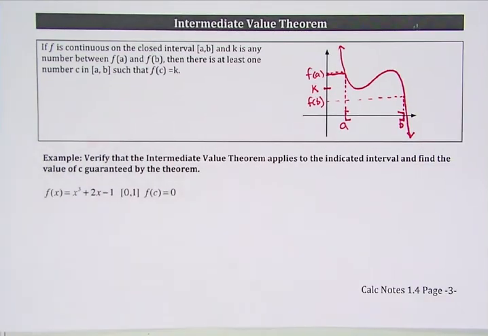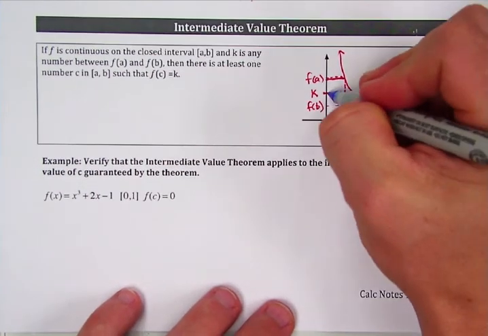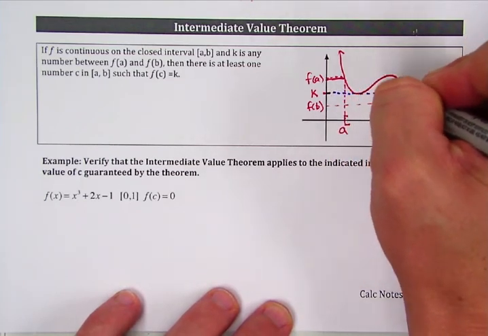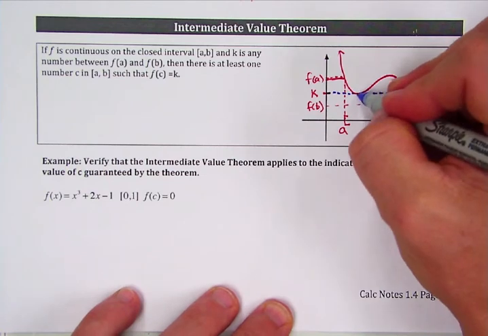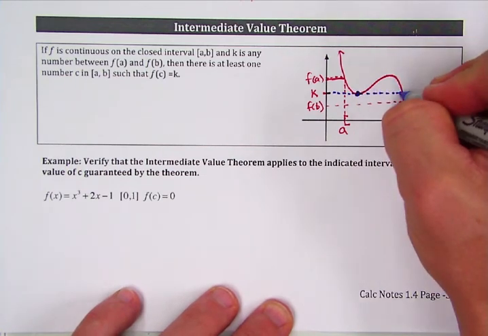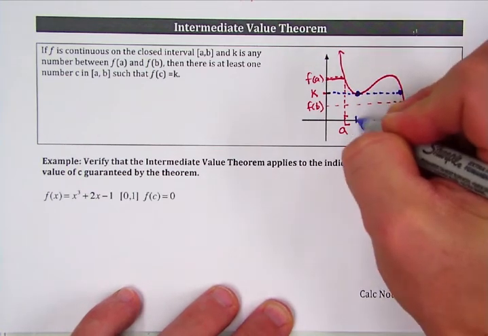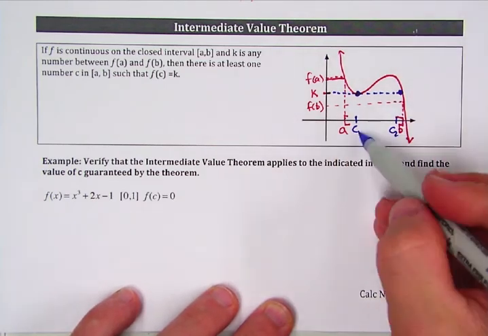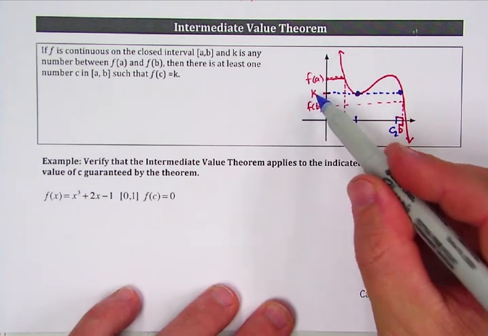So you can see if we take k and we come across here, we would get at least one c value, or if we plugged it into our function, we would get k.